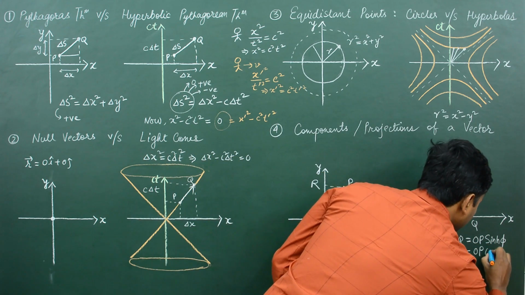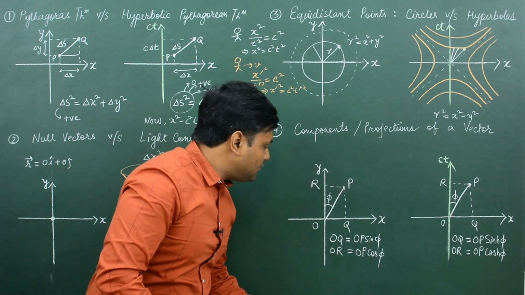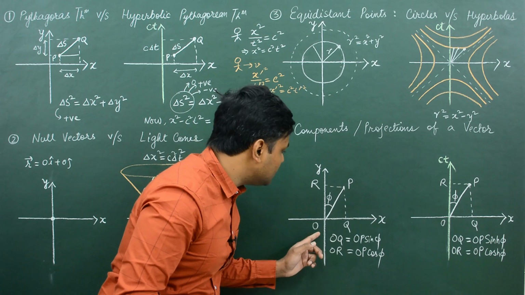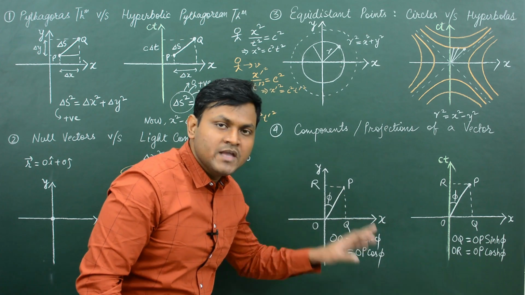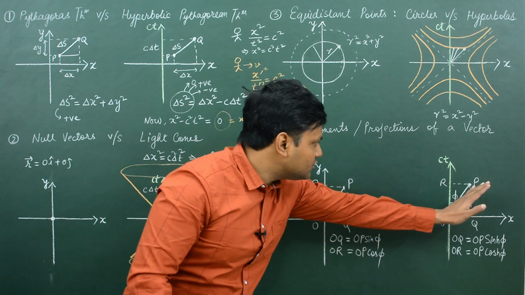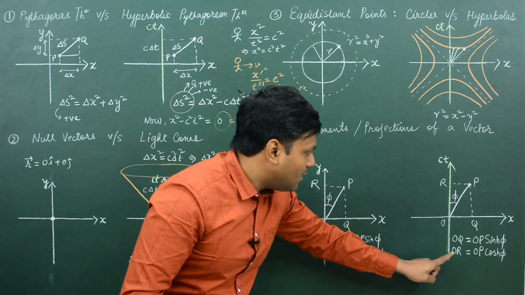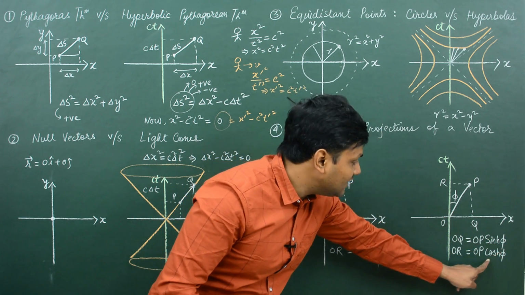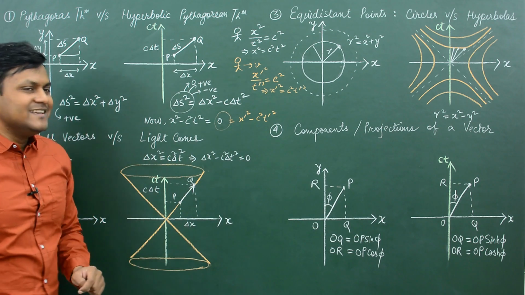So as opposed to Euclidean space, where the projections of a vector can be written in terms of sine phi and cos phi, in Minkowski space-time, the projections of a vector onto the x and the CT axis are given by sine hyperbolic phi and cos hyperbolic phi. This is a very important distinction.